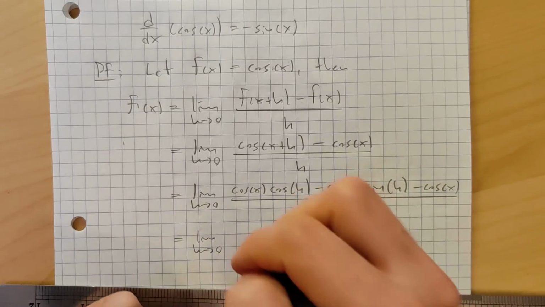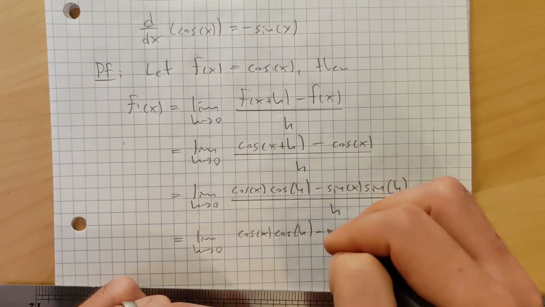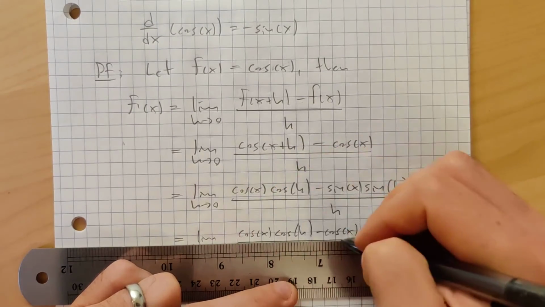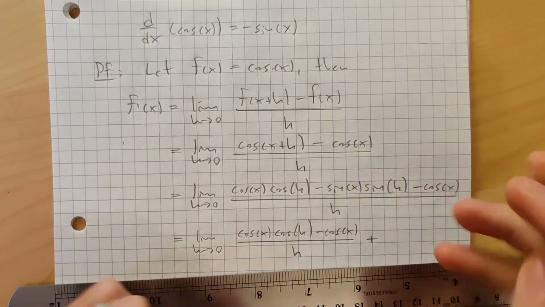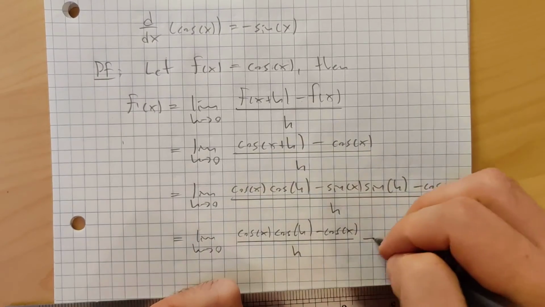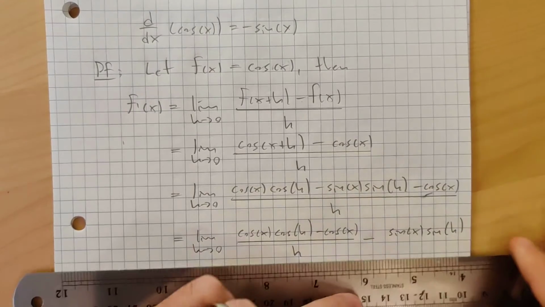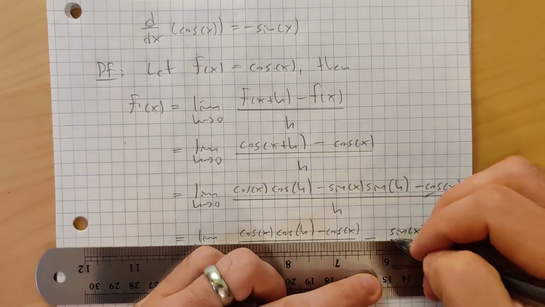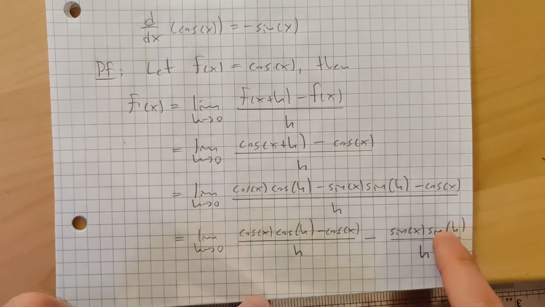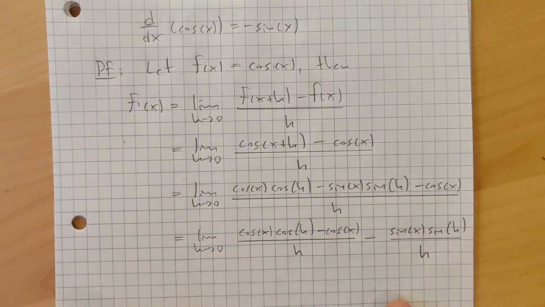On the left, let's put the cos of x terms: cos of x cos of h minus cos of x, all over h, and then minus sine of x sine of h over h. I'm just writing the terms in a different order, putting these two terms here and this one there, and breaking this big fraction into two small fractions with the same denominator.